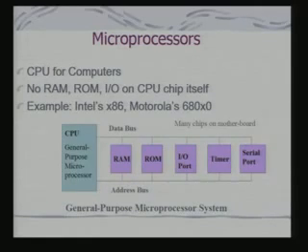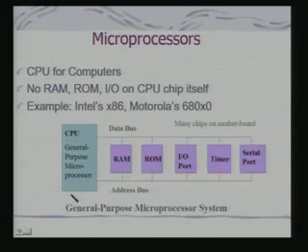The family of 8086 processors from Intel, of which Pentium is an example which we are using today in PCs, as well as the Motorola 68000 series, are all examples of these kinds of general purpose microprocessors. A typical computer is built around such a microprocessor, and this is an example of a general purpose microprocessor system.